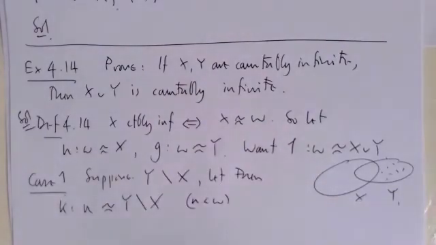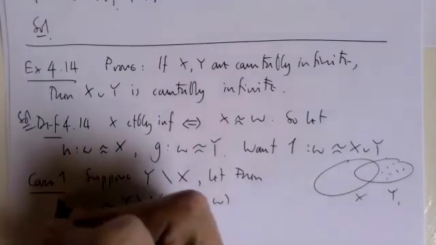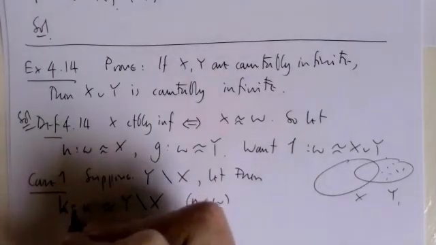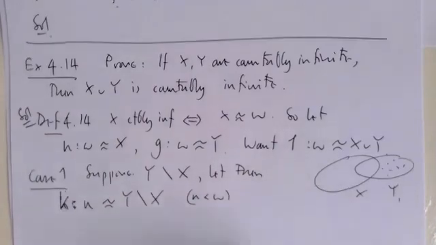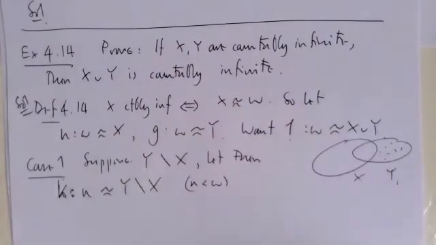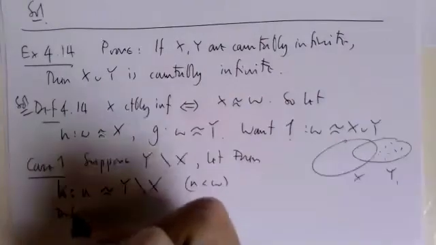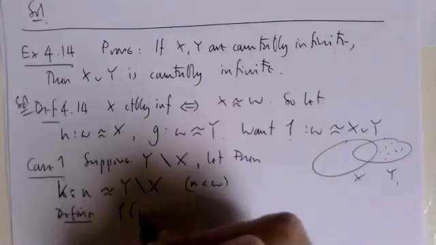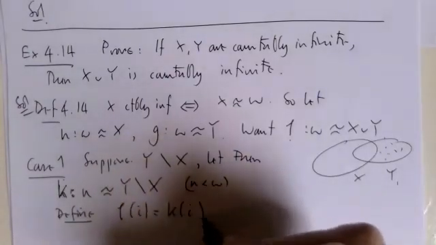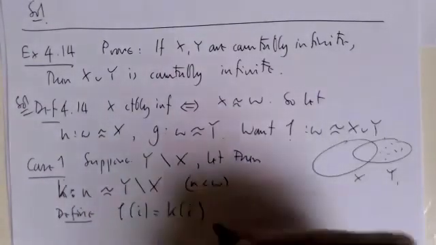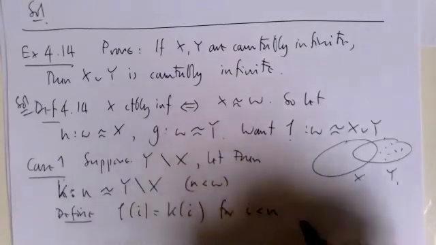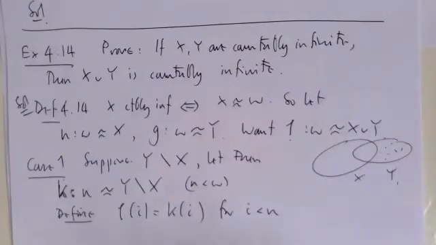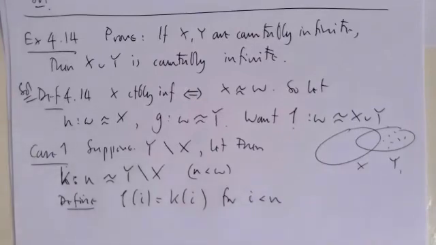So it's the finite bit here, for some function K here. So I'll define my L. It'll start out like K. So it's just a question of specifying something, for i less than n.